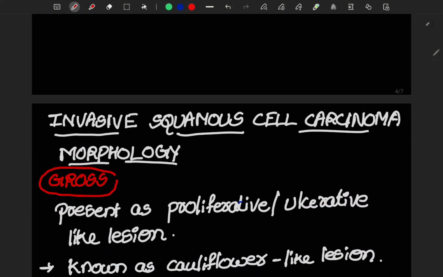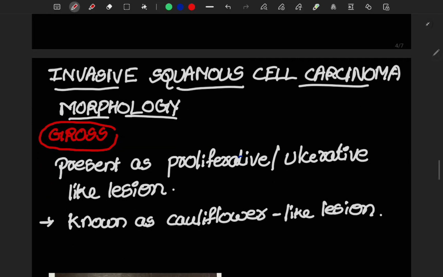Carcinoma in situ can progress into invasive squamous cell carcinoma, in which there is a breach or tear in the basement membrane, and atypical cells progress through the basement membrane. Grossly, it presents as a proliferative or ulcerative lesion.